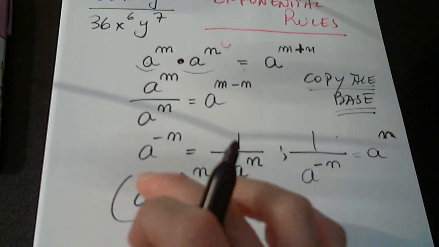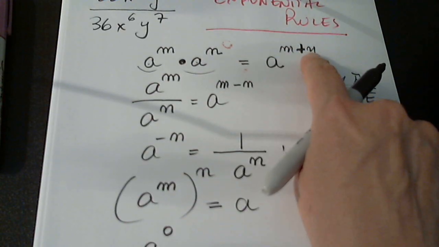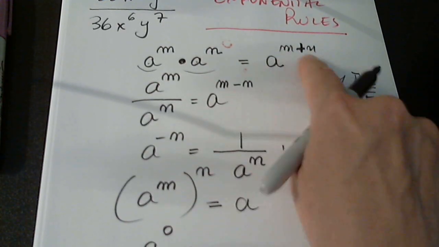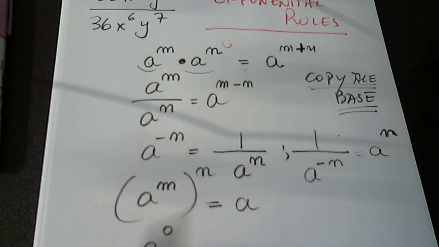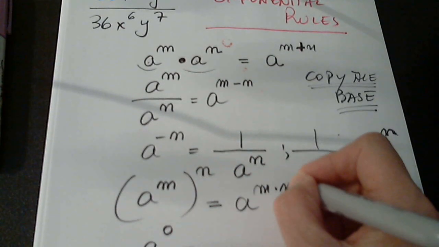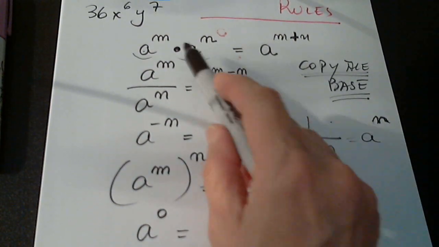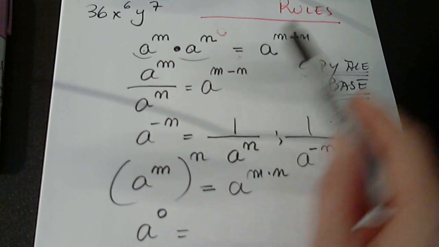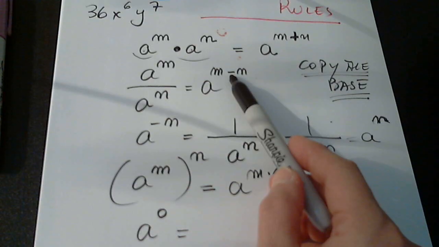Next one, copy the base. What operation do we perform? It cannot be addition, it cannot be subtraction, because those are taken by something else. So a to the mth power, everything to the nth power. What operation do we perform now with m and n? Multiplication. Perfect. So thank you so much. When we multiply, the powers are added. When we divide, the powers are subtracted.